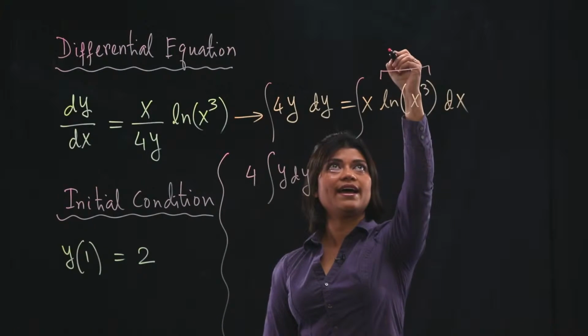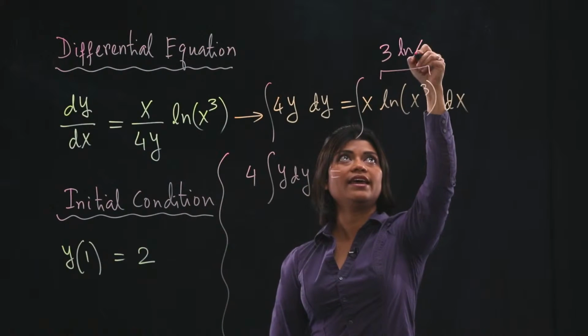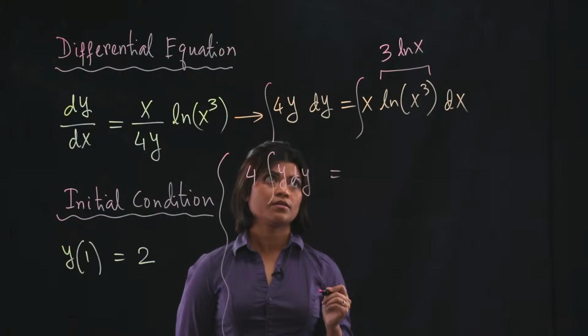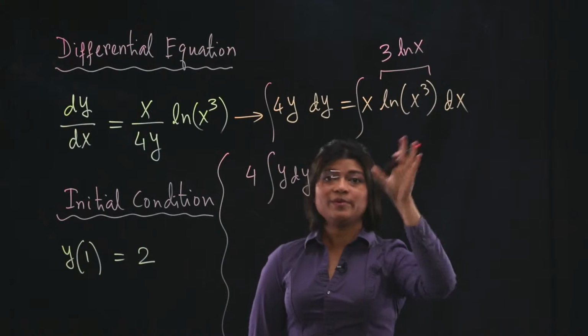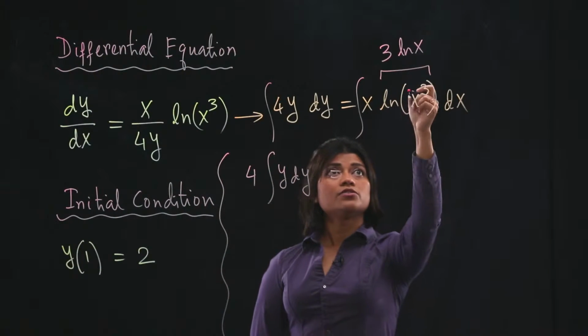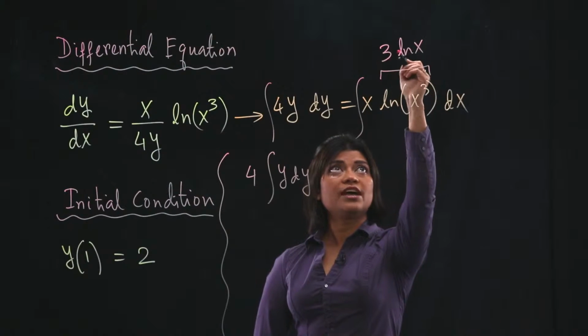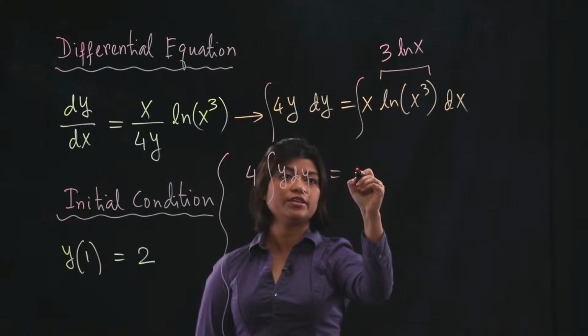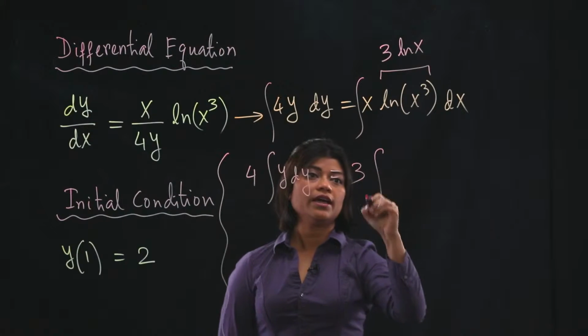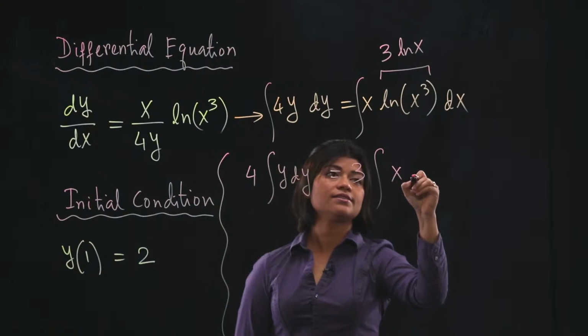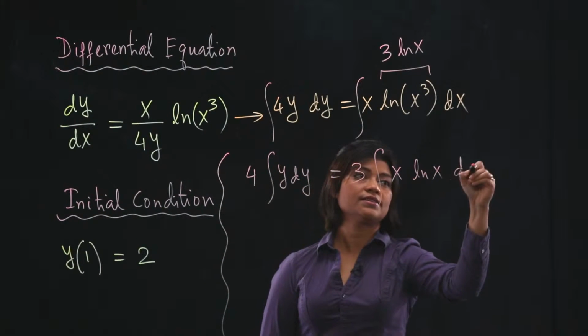So this is same as 3 times ln of x. So if you simplify that, it will be easier for you to integrate. So let's consider this is 3 times ln of x, and then you can pull the 3 outside of the integral, and you will just have to integrate x times natural log of x dx.